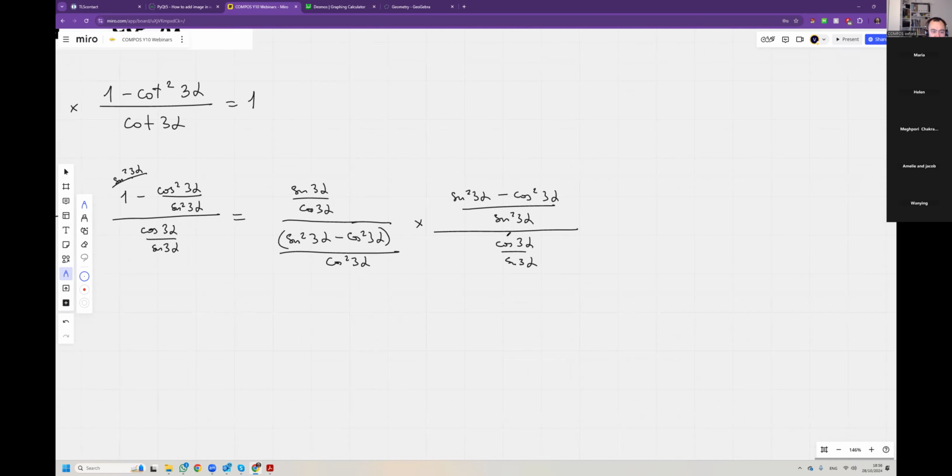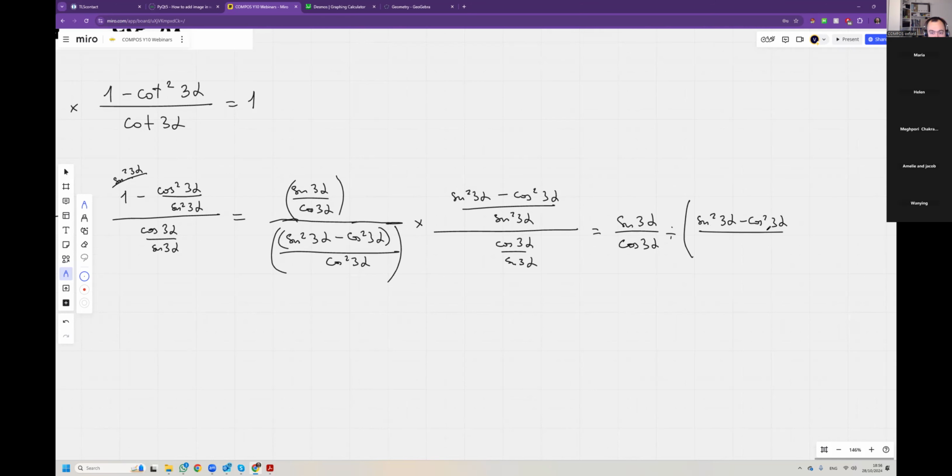You know what? I'm just going to make life slightly easier. I'm going to replace the fraction by the division sign. It's this divided by this, right? So it's sine 3 alpha over cos 3 alpha divided by this monster, sine squared 3 alpha minus cos squared 3 alpha over cos squared 3 alpha.